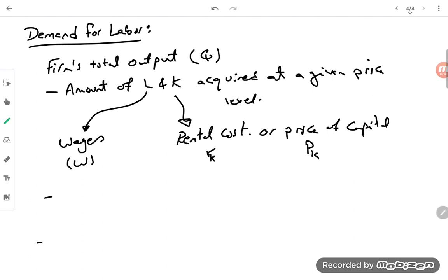The second main factor that affects a firm's output is product demand. What is the number of units demanded of these products? And the third factor is technology, the choice of technology available to firms.